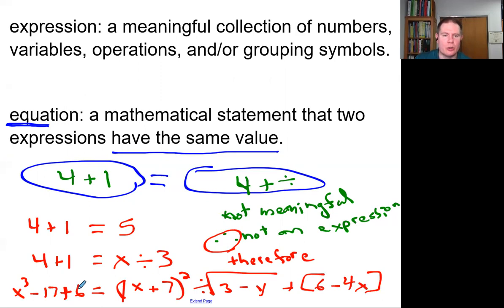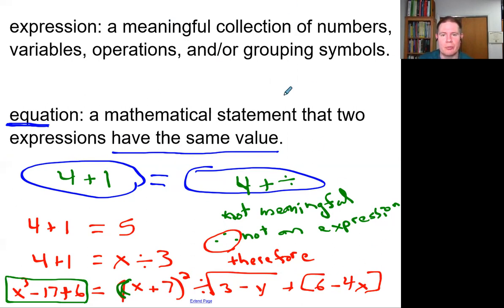That doesn't mean you'll learn how to solve an equation this complicated in this class. But we can recognize that this is an equation because this is an expression. I've got some variables and operations and it's arranged in a meaningful way. And this is supposed to be a parentheses here. I don't know what happened there. This other thing is also meaningful.